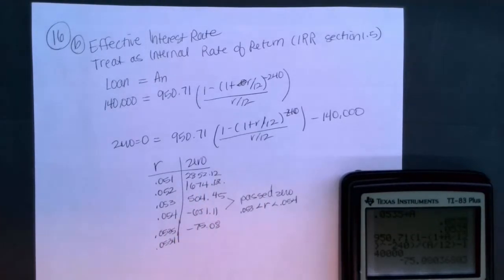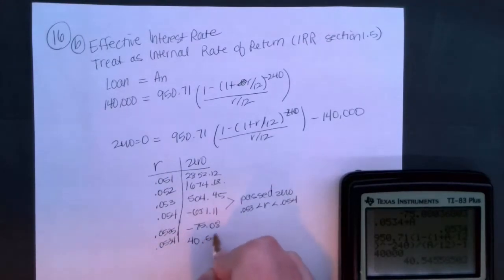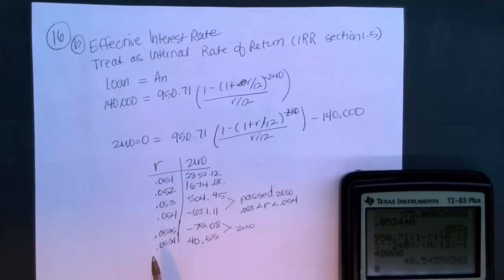So we'll get closer to 0 because we have a negative number. Run it again. Now we get 40.55. That's pretty close. And again, here we've gone over, so the 0 is going to be between here, but we're only going to go to 4 decimal places, so we can just take whichever one is closer. So between 75 and 40, 40 is closer.